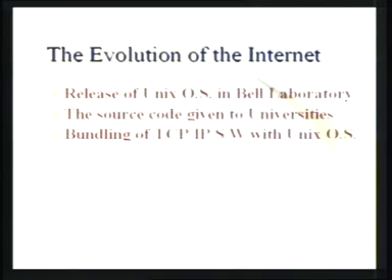Again, the Unix operating system followed the same trend as the internet: it followed open standards. You know that when you write a program, it becomes source code. The source code of the Unix operating system was given free to various universities, so that they could work on it and add more utilities to it.